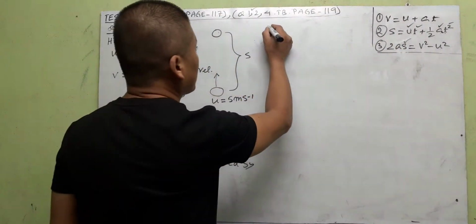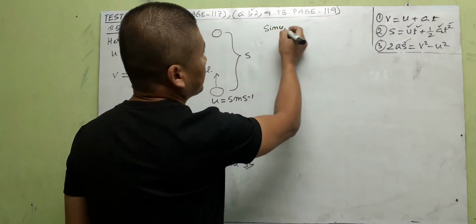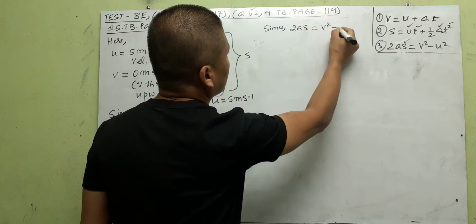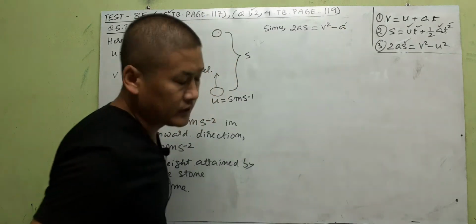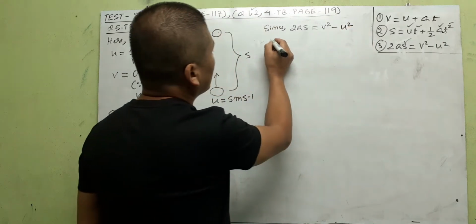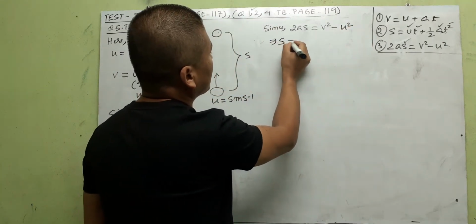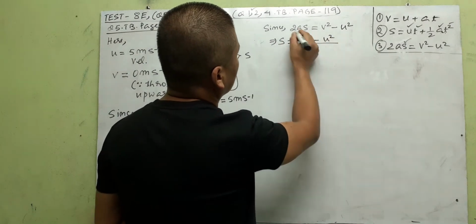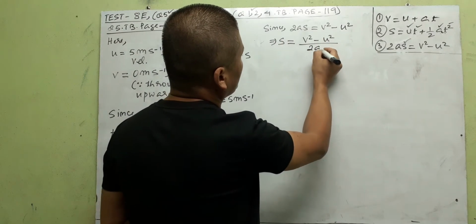So for the first one, we can just write here, 2as is equal to v square minus u square. We can arrange this one and write S is equal to v square minus u square divided by 2a, it will come down, right.